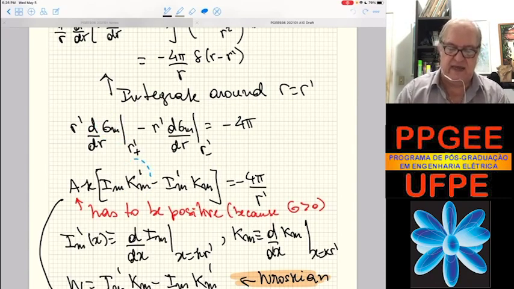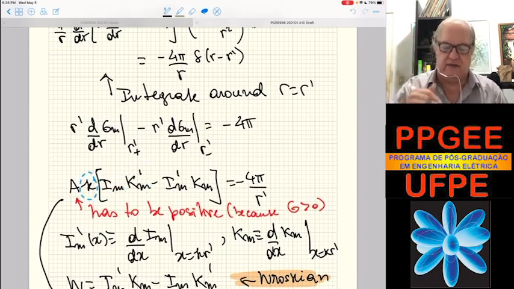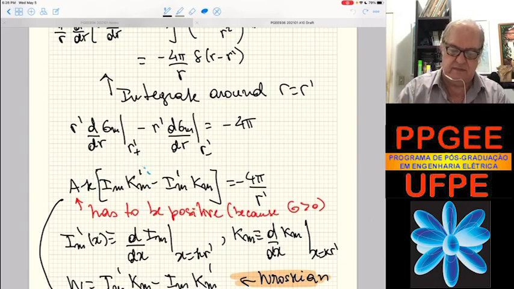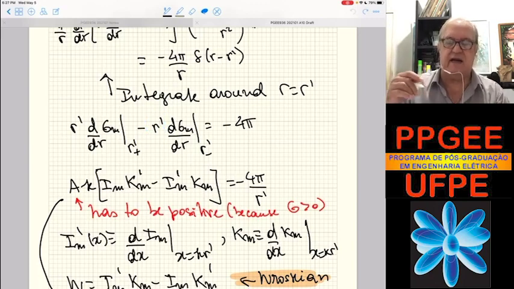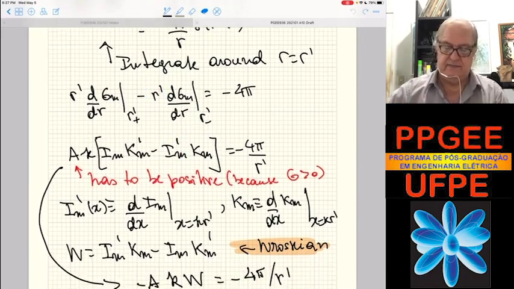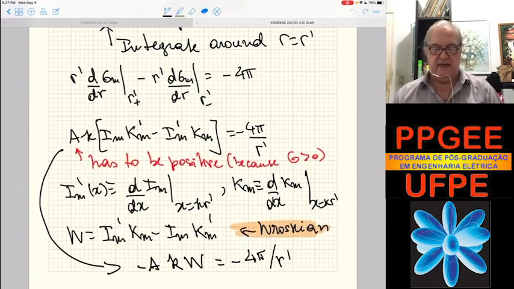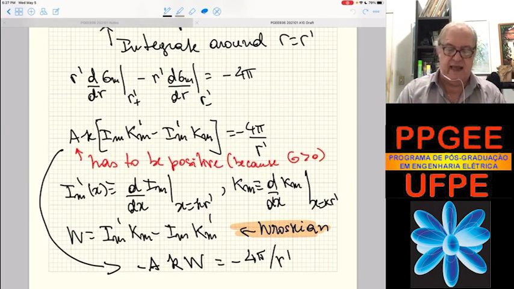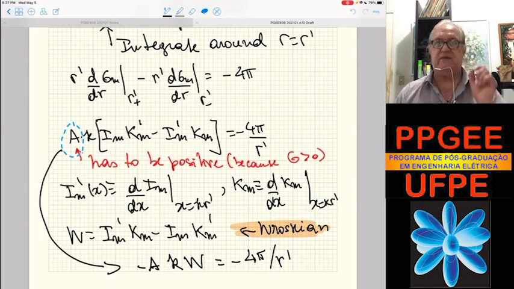So the derivative of Km, the k factor, which is in the argument of K, goes out of the derivative, right? And here we have the derivative for r less than r prime, so it's the derivative of I, okay? So recall that A has to be positive because we are talking about the magnitude of the function. Whatever we do here, the final result for A has to be positive, okay?